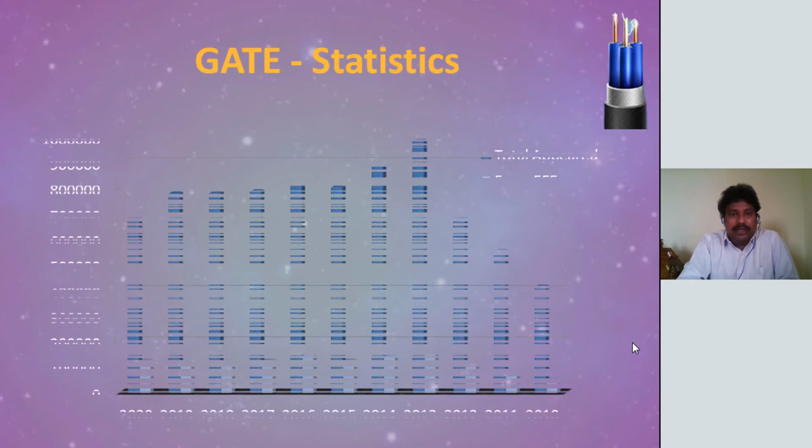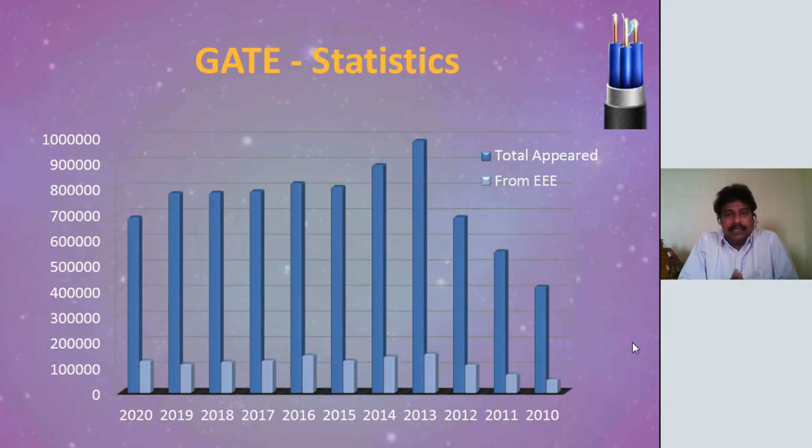Now we see the GATE statistics. In this graph I am going to tell you how the number of candidates opting for the GATE examination is increasing. These statistics are spread over a period of 10 years.